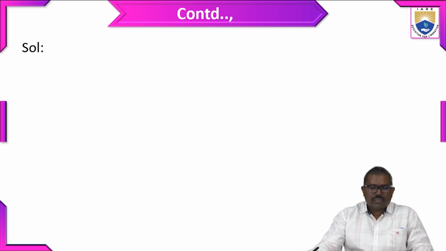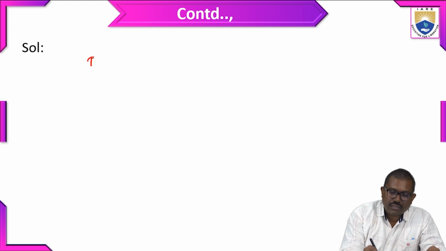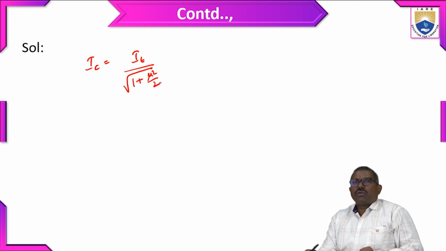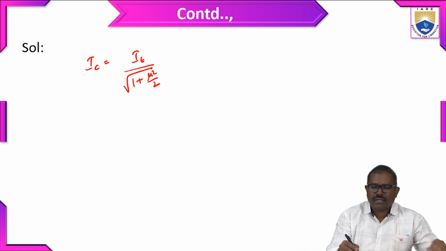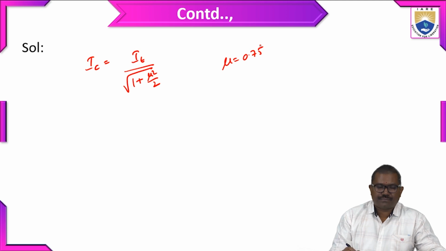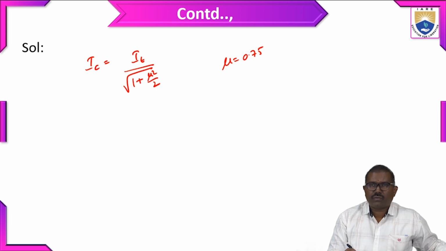So first I am going to write the current relation: IC is equal to IT by square root of 1 plus mu square by 2. So here the mu is given. The mu is 0.75. So that's why here we are going to substitute the mu value.